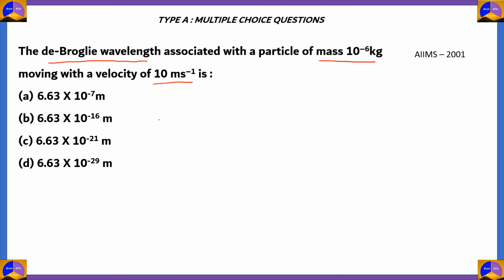So the de-Broglie wavelength is given by the formula lambda is equal to h divided by mv, where h is the Planck's constant.